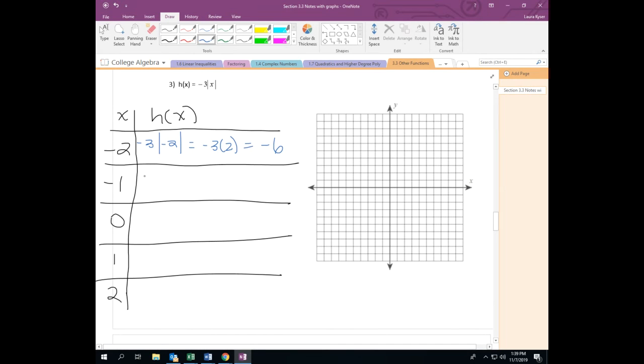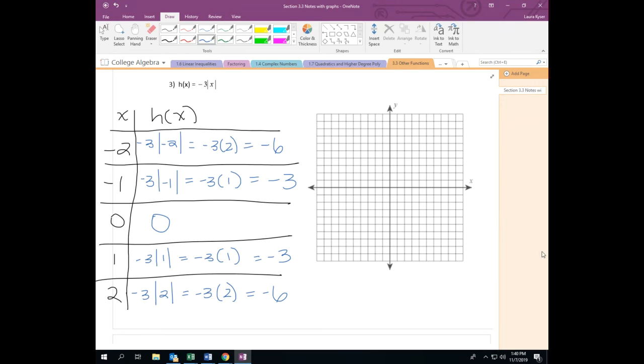And then we have -3 times the absolute value of -1. -3 times 1 is -3. 0 is 0 again. -3 times the absolute value of 1. That's -3 times 1, which is -3. And -3 times the absolute value of 2, that's -3 times 2, which is -6.